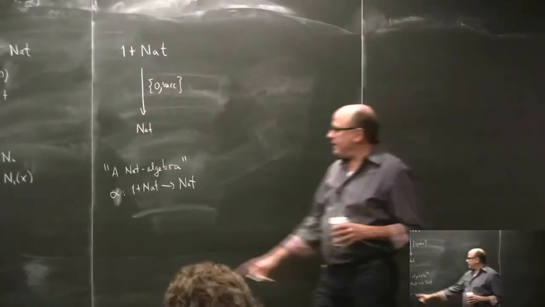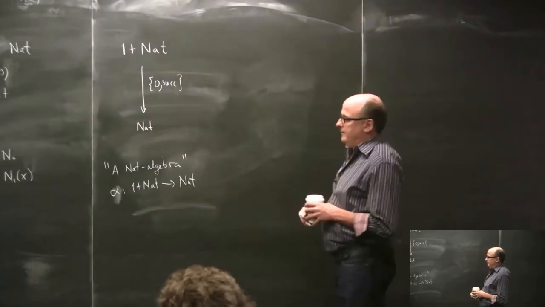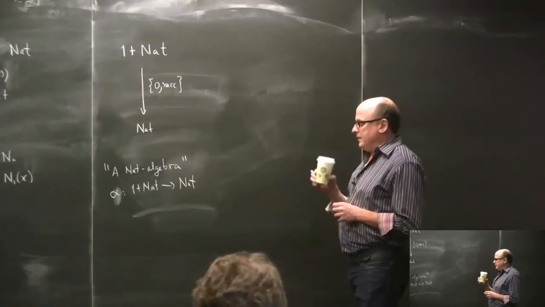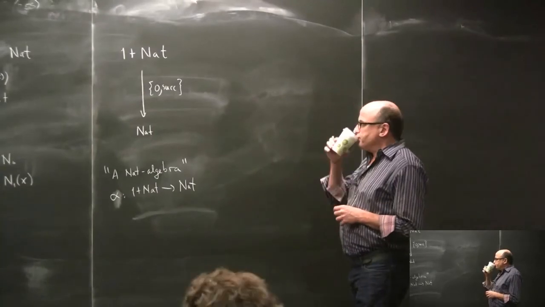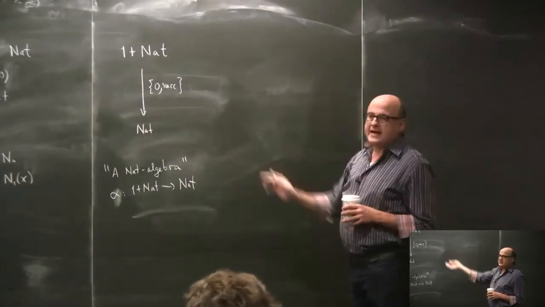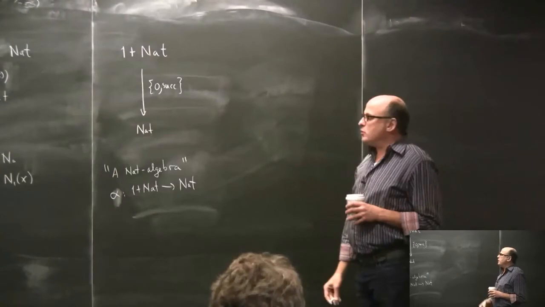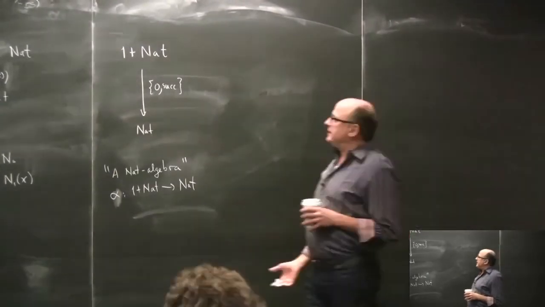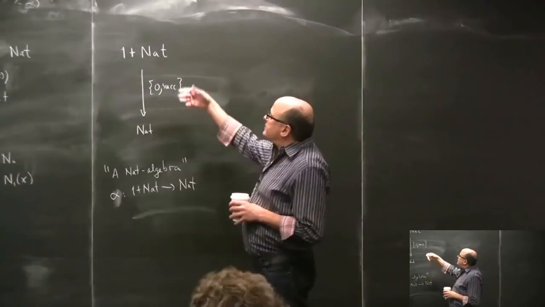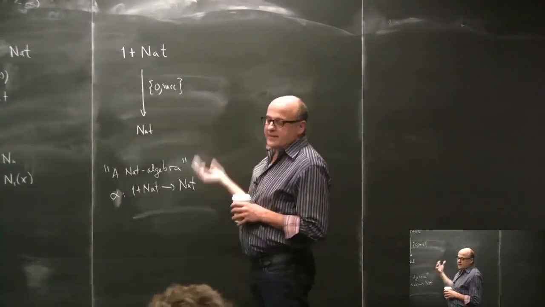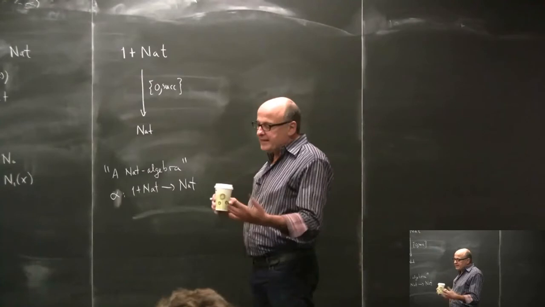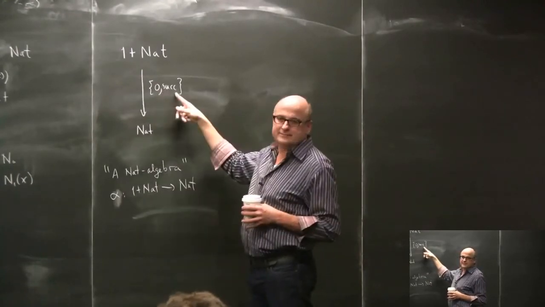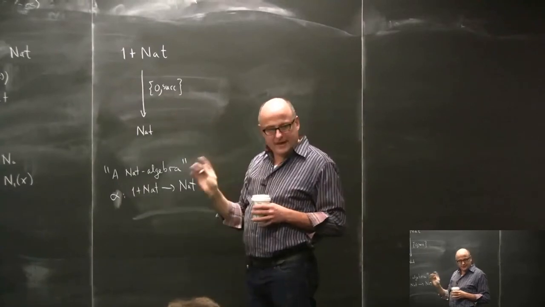So any mapping from 1 plus Nat to Nat is going to be called a Nat algebra, just by definition. The reason it's called a Nat algebra is that it's the structural part of what the natural numbers are. The natural numbers are a mathematical structure that has a 0 and a successor. And then it has a spec for how they behave.